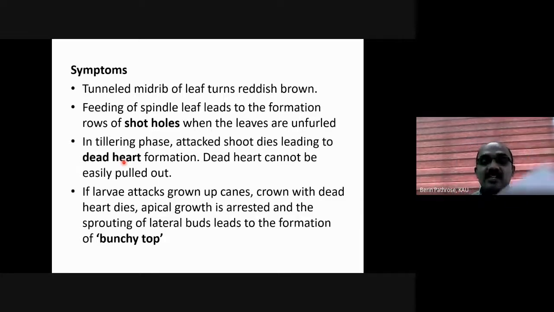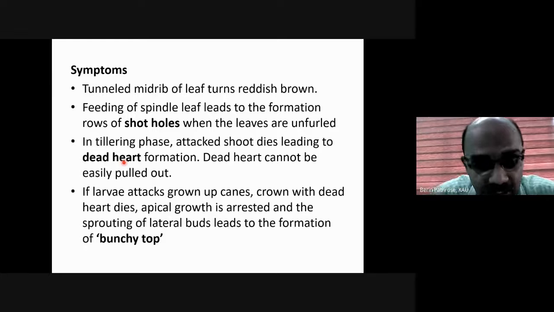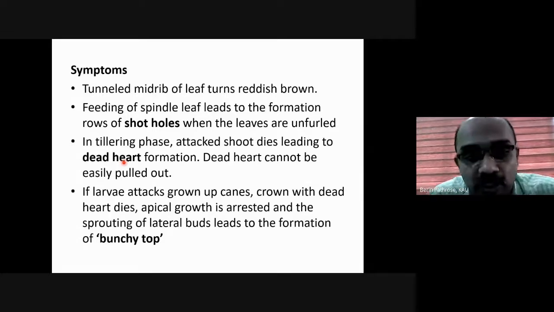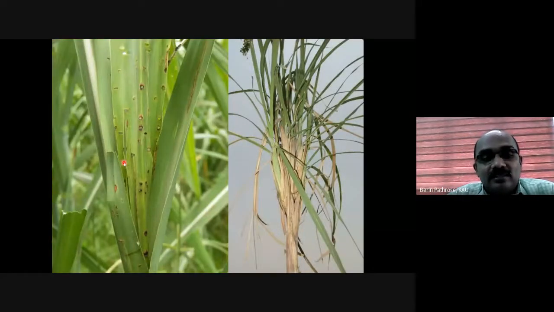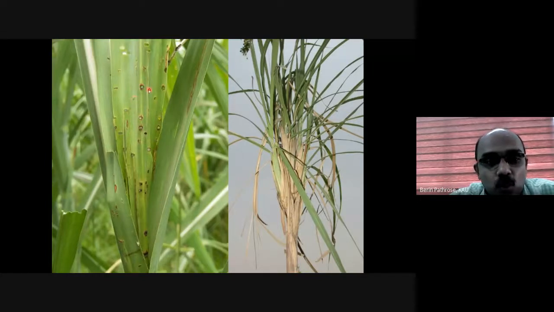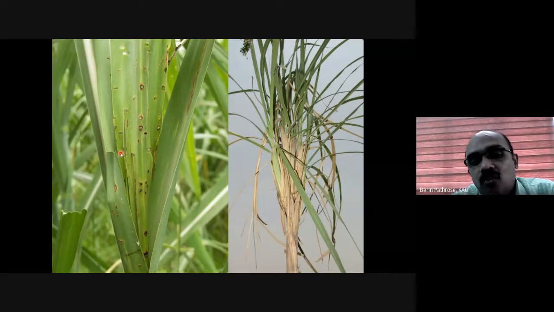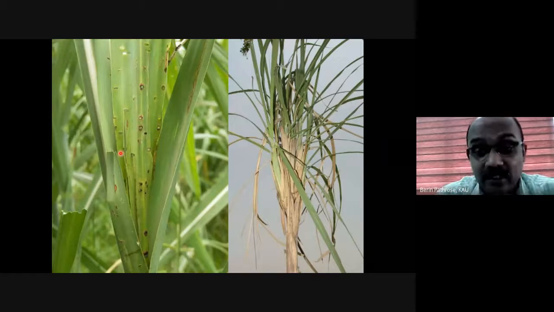This typical symptom is usually seen in the case of Sesamia inferens infestation. I will show that picture, then you will be able to understand. Can you see it? A number of short holes, a row of short holes in the leaf. So we can see a row of short holes when the leaf unfurls.